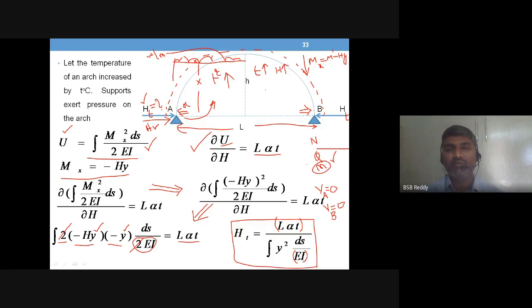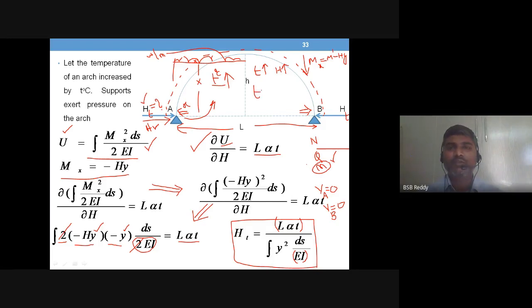So the effect of temperature increase on two hinged arch is to reduce the bending moment in the arch. So it is a desirable effect, right? Okay, we want bending moment to be reduced. So when temperature is increased, bending moment is going to reduce, whereas horizontal thrust is going to increase.